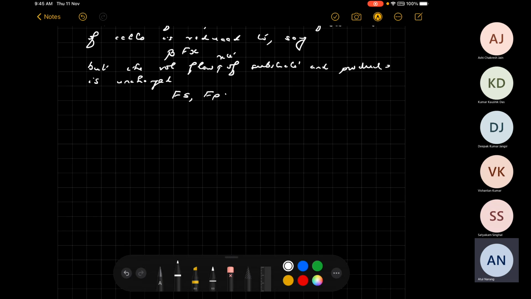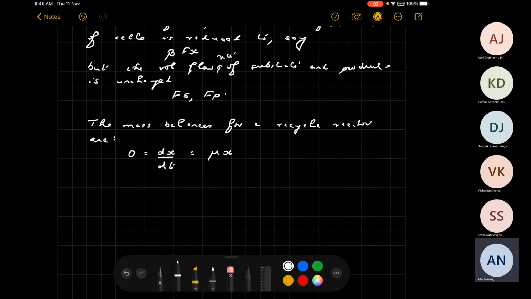So the mass balances for a recycle reactor barely differ from those. You have 0 equals, first let's take the case of biomass. This is going to be mu times X. This is the rate at which the cells are generated, which is the same as before.